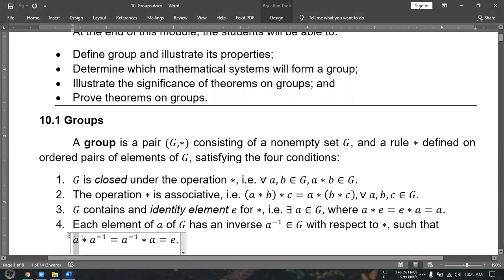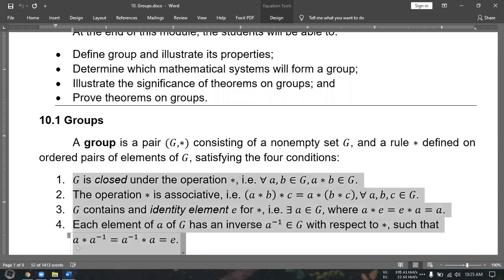If you operate using any binary operation, a specific element to its inverse, we should be getting our identity element. Okay, I repeat. If we operate any element of G, let's say A, to its inverse, the result must be our identity element. Okay, so this is your 4.